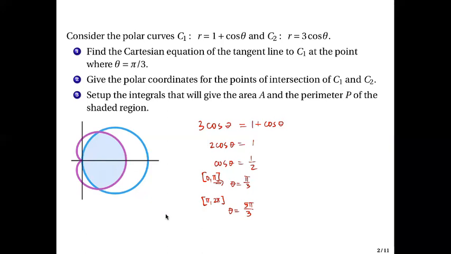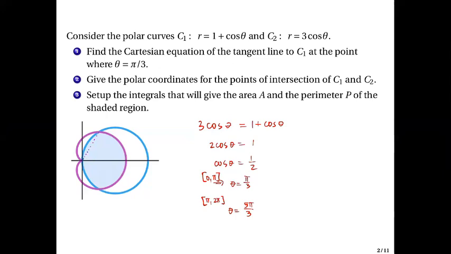So we have these two values of theta, which is consistent with the sketch of the graphs here. We have this point and we have this point. And of course, just to see this clearly, we have this angle here. This is your pi over 3.